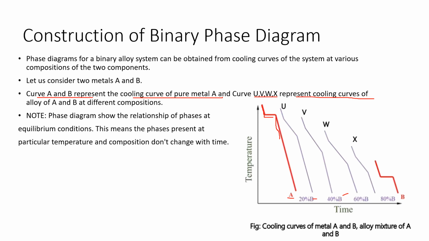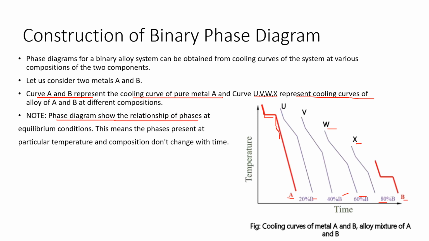At U it is 20% B, at V 40% B, at W the composition is 60% B, and at X the composition is 80% B. These are mixed until B is a pure solution, at which the composition of A is 0. At X, the composition of A is 20%, while B is 80% by weight. So cooling curves at different compositions are plotted.